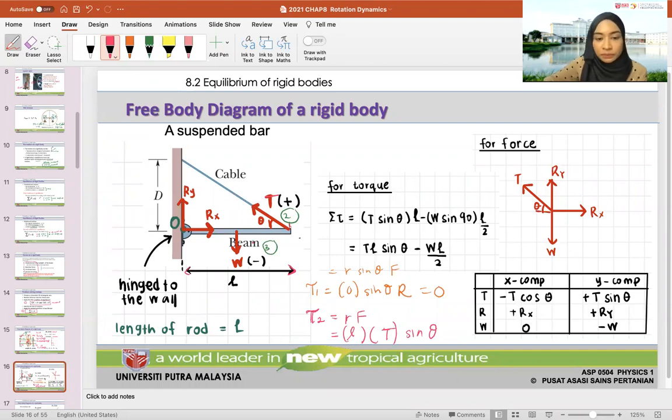Torque number 3. Does the weight of this beam contribute to rotational motion or not? If I sit over here, will I contribute to the rotational motion? Yes, the answer is yes.